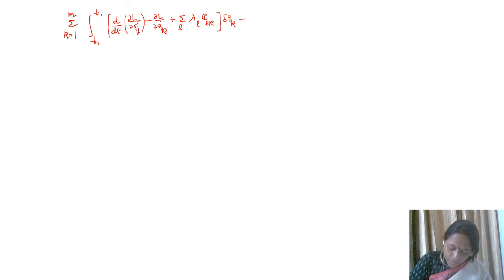Then another part, and this is dt for t1 to t2. Another part is summation k equal to m plus 1 to n. Finally k was going from 1 to n, so 1 to m and then m plus 1 to n.